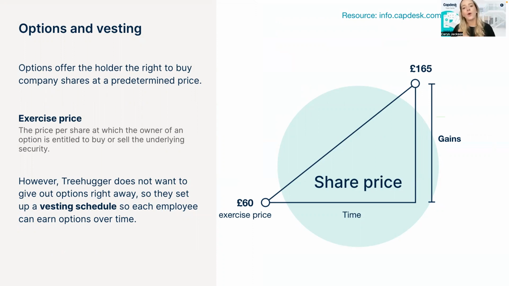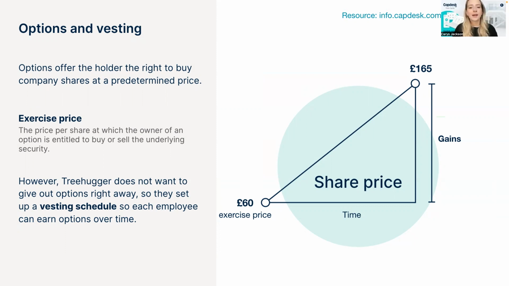It just means you have the option to buy shares in Instagram at £60. Now, over time, the price of those shares has actually reached £165. So the price you have to pay is what we call a strike price or an exercise price. Basically, the price you have to pay to convert those options into shares.